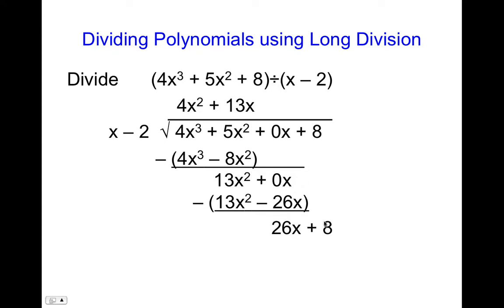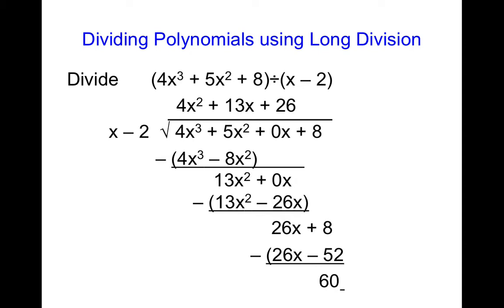Bring the last term down, which is our positive 8. Figure out how many times x goes into 26x, which is 26 times. 26 times the x gives us a 26x, and 26 times negative 2 gives us a negative 52. We subtract one last time, and 8 minus a negative 52 is a positive 60.